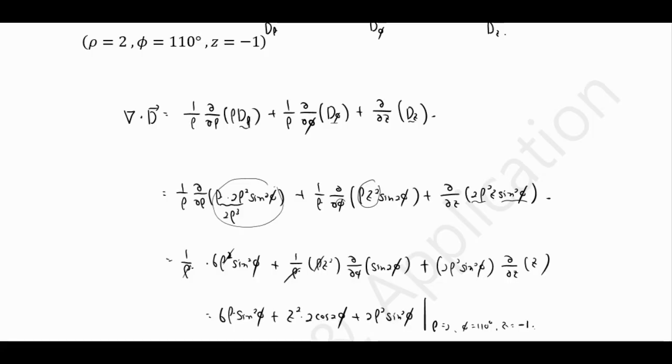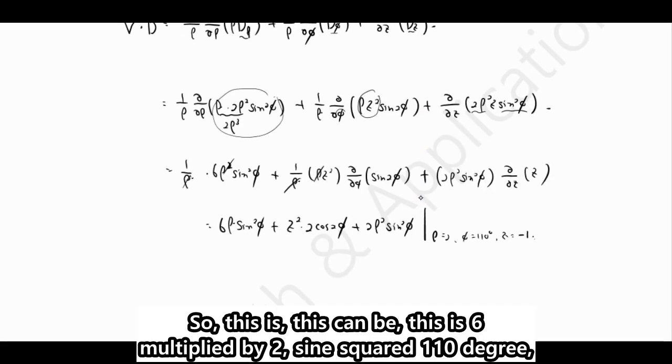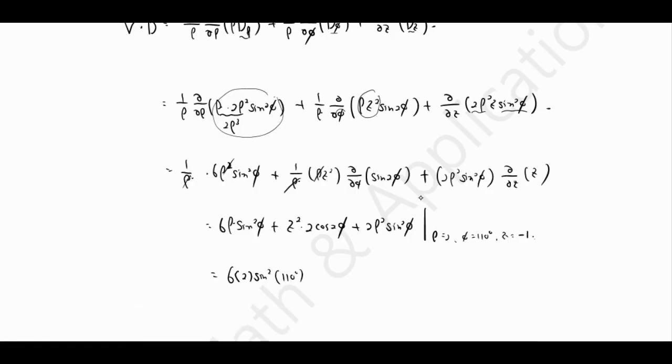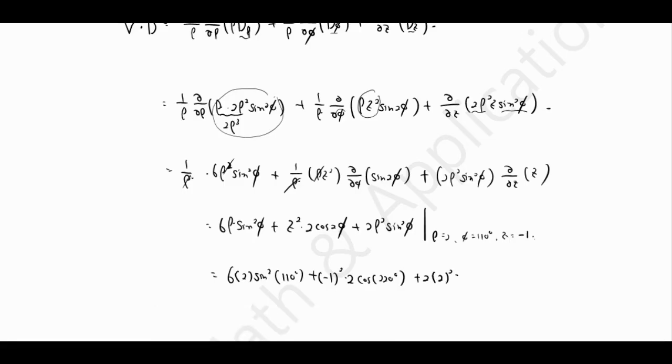So this is 6 multiplied by 2 sine square 110 degrees, plus minus 1 square multiplied by 2 cosine 220 degrees, plus 2 multiplied by 2 square sine square 110 degrees.